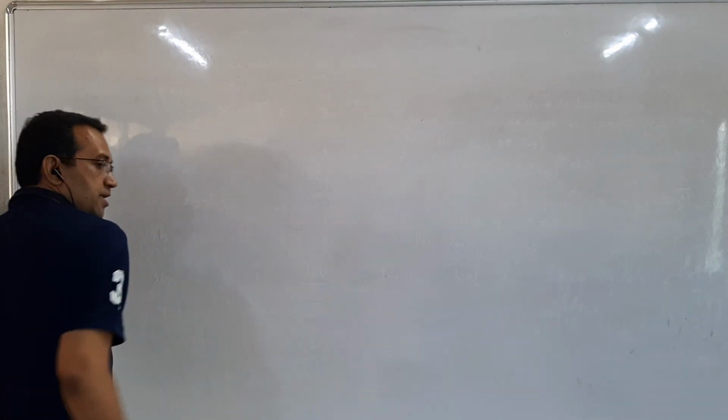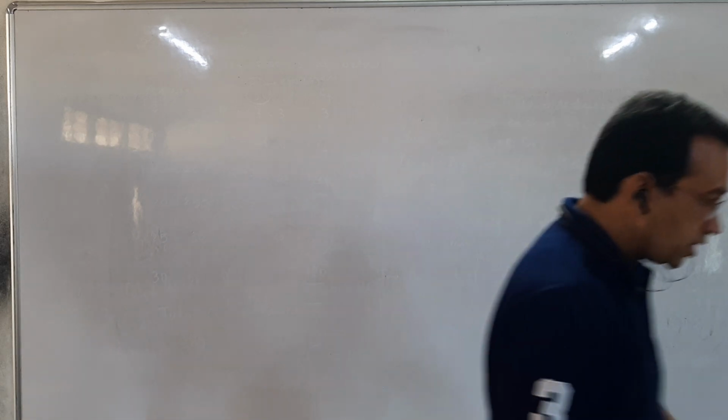In exercise 3, there will be a thorough revision of all these concepts again. Now, students, I am starting the basics of mode, and mode is one of the easiest measures of central tendency.